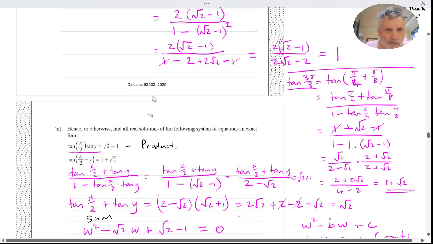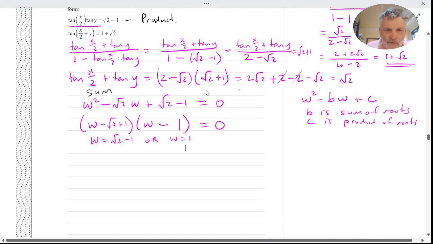I'm using what they give us in the first part, but not what we had to find, root 2 plus 1. So this says w is this, or w is 1, so we can take our two tangent equations. We need one root, tan x over 2 has to equal root 2 minus 1, which we were told is the tangent of pi over 8.